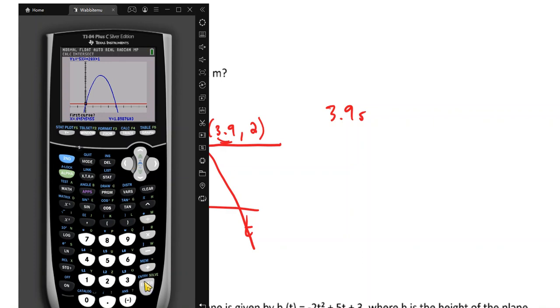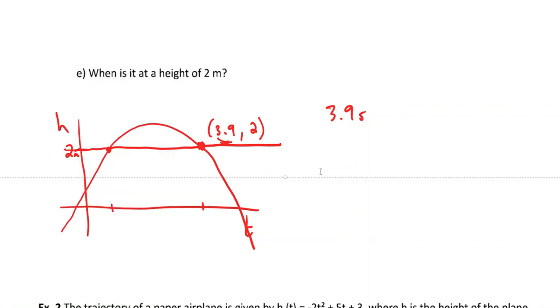Okay, and then just push enter a bunch of times, right? It's like first curve, enter, second curve, enter, guess, enter, and then there you go. Intersection. It's hard to see, you probably can't see in the video, but it's 0.05 and then 2. 0.05 seconds and then at a height of 2.